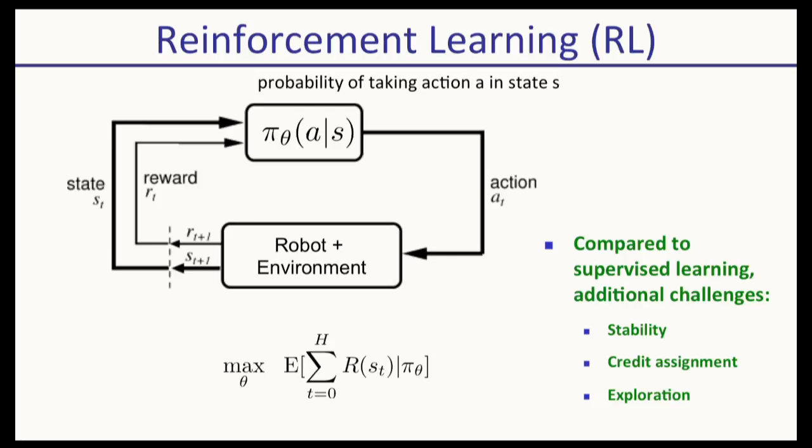Credit assignment is the issue of understanding when something good or bad happens, what it is that you did in the past that was fundamentally contributing to the current event. And then exploration. To do something better than what you've done before, you need to try new things. And so these are classically the three big challenges people try to address when designing reinforcement learning algorithms by hand, and try to improve the algorithms with some of these ideas in mind and make progress on one or more of these axes.